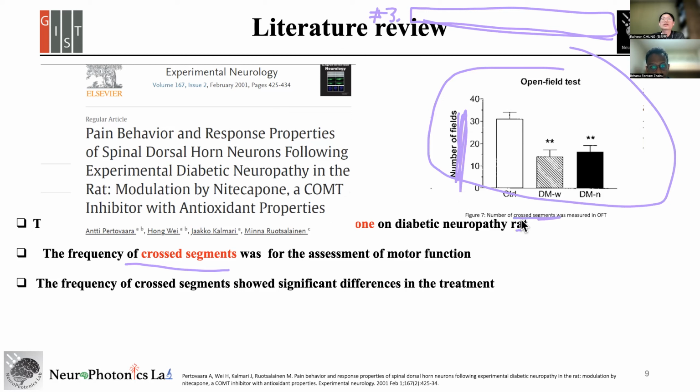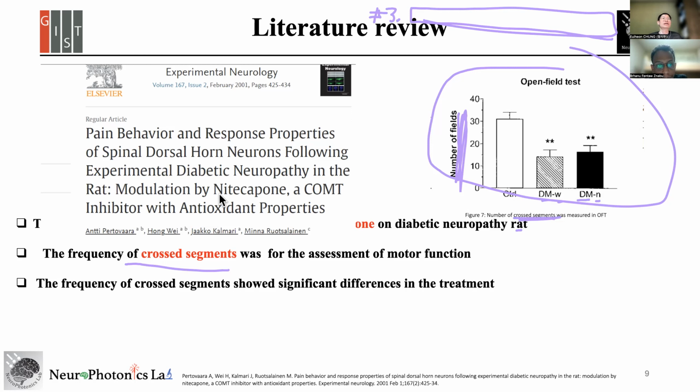But number of cross segments, right? Here. So this is a control. What is DM? N and W and N. When people look at it, people are trying to understand what's going on here. So this is diabetic neuropathy, right?